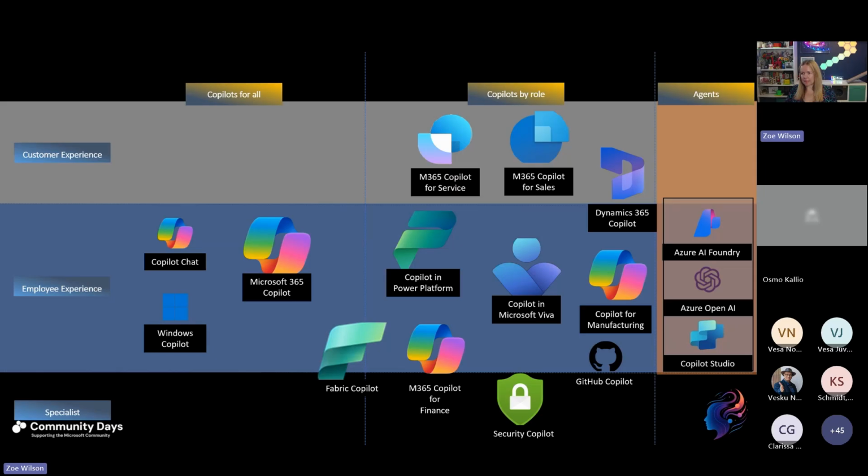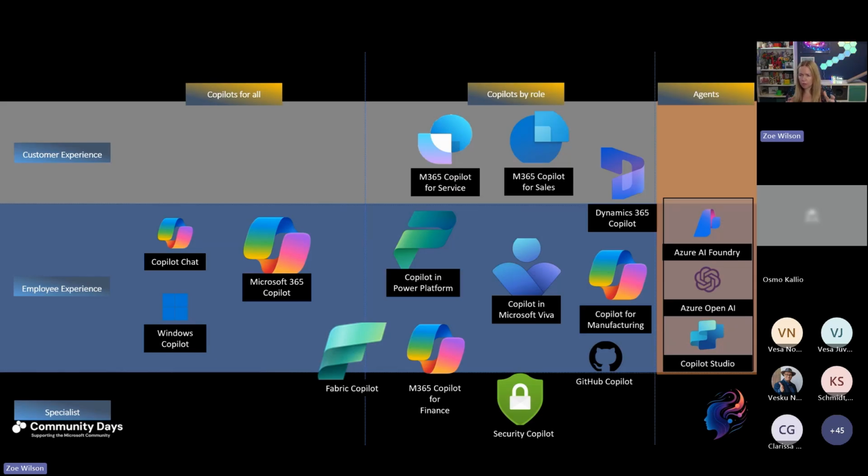Obviously, Copilot is in all of the modern work technology, so the Office apps, it's in the operating system, it's in Power Platform, it's in Viva. There is Copilot in Fabric. There are specialist Copilots or role-based Copilots like the Copilot for finance or sales or service.